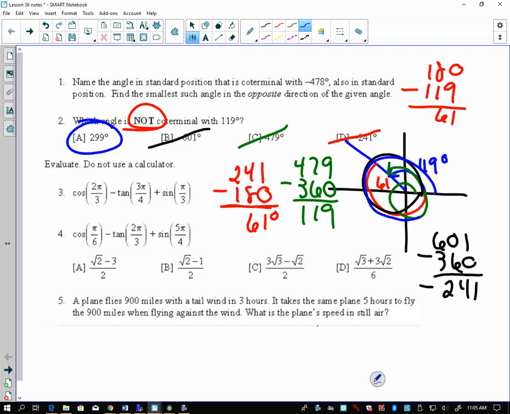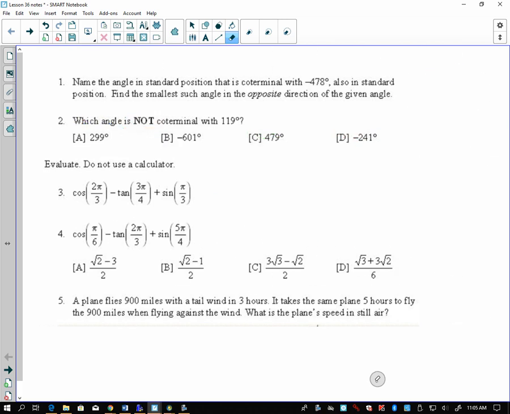I could have started there and we wouldn't have gone into the rest of them, but then you really wouldn't understand why the rest of them work. Does that make sense? Okay. So hopefully we understand coterminal. I think that's something we've looked at in previous math classes, but as a good refresher on that.